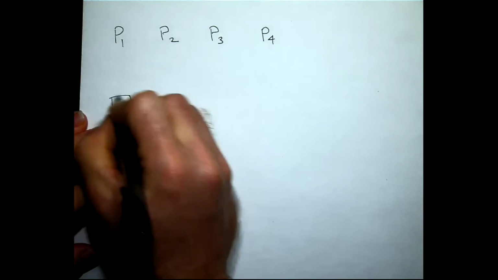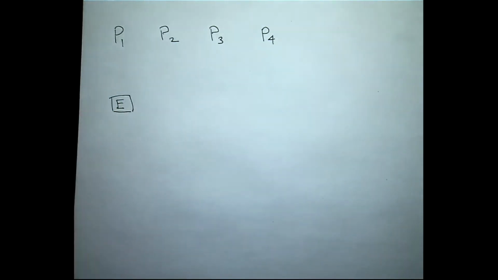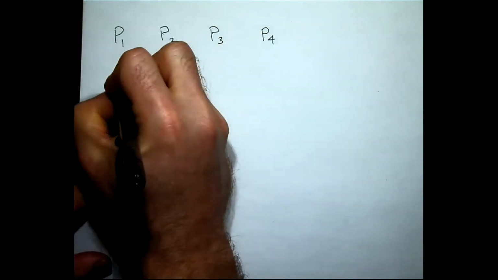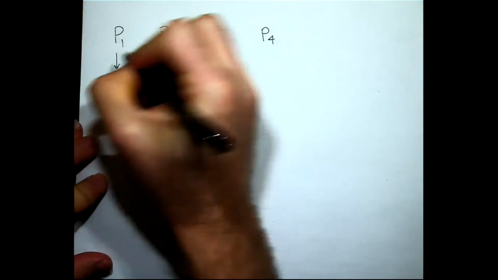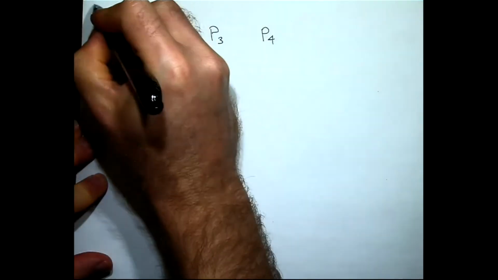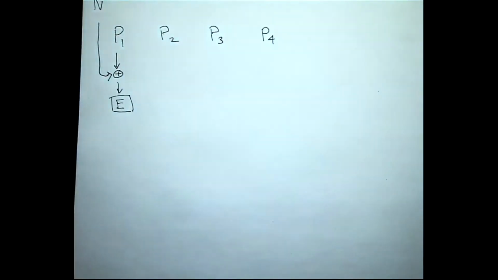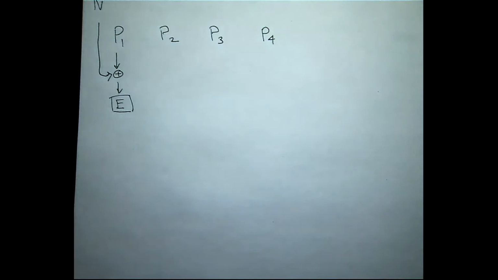And we're going to take our block cipher, maybe it's AES, and we're going to encrypt something with it. But it's not going to be P1 we're going to encrypt. What we're actually going to do is take the exclusive OR between the first block, P1, and this thing called an initialization vector, or an IV for short.